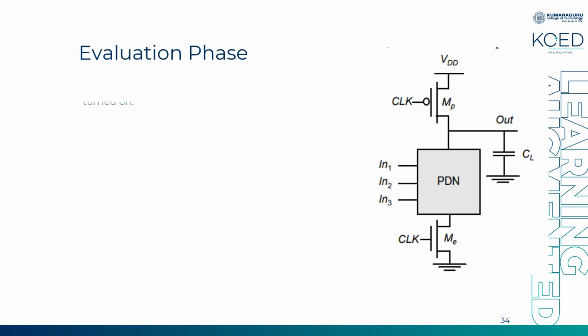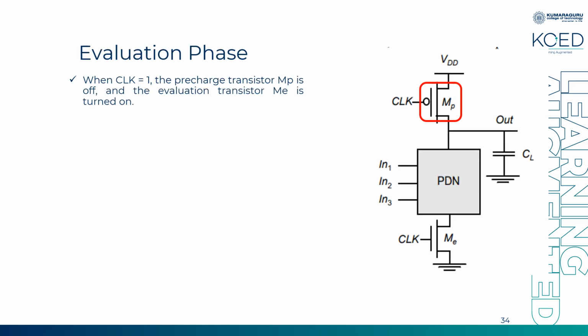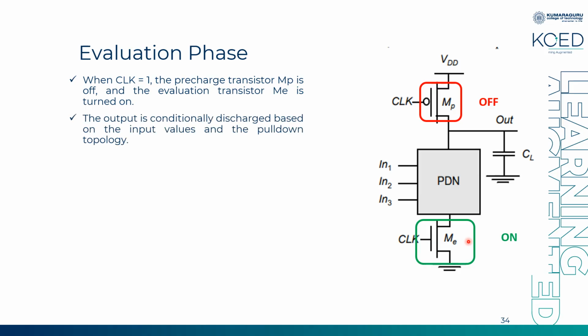This is your evaluation phase. So when clock is equal to 1, this pre-charge transistor will be in off condition, and the evaluation transistor, this one, will be in on condition. Whenever you give a high voltage or 1, your NMOS will turn on. So now you can see, depending upon this PDN, if you force the inputs to the pull down network, depending upon the transistors' status, your capacitance will either get discharged to ground or it will stay the same.